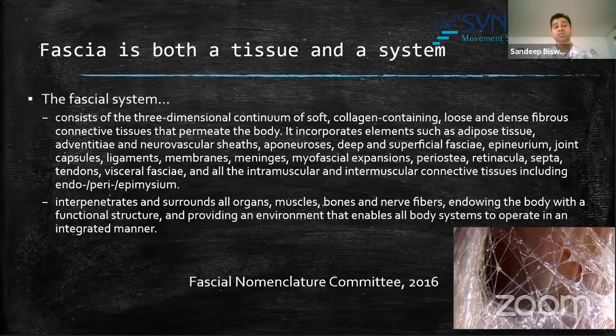So what it basically means is that fascia is indeed a three-dimensional tissue. When they say three-dimensional tissue, it's not something that is just an external covering. It goes deeper in.